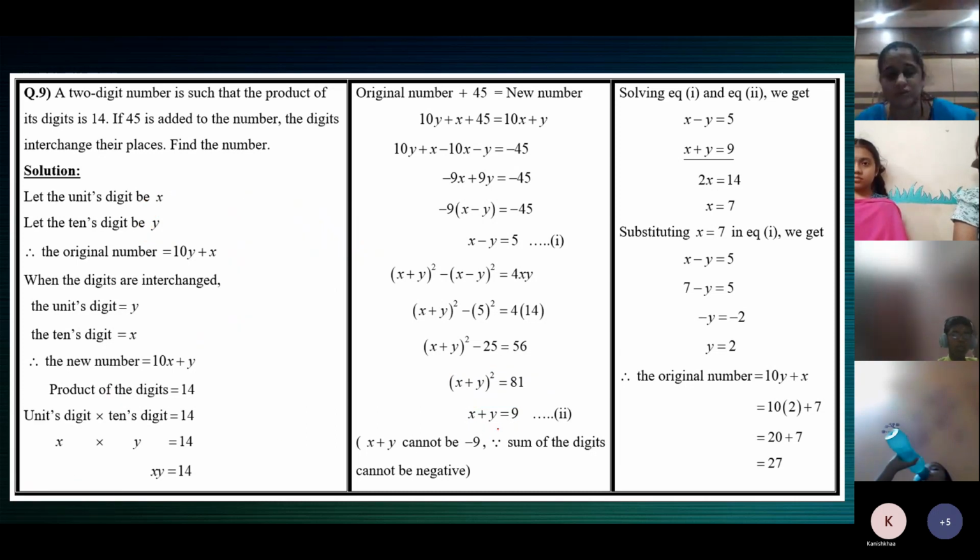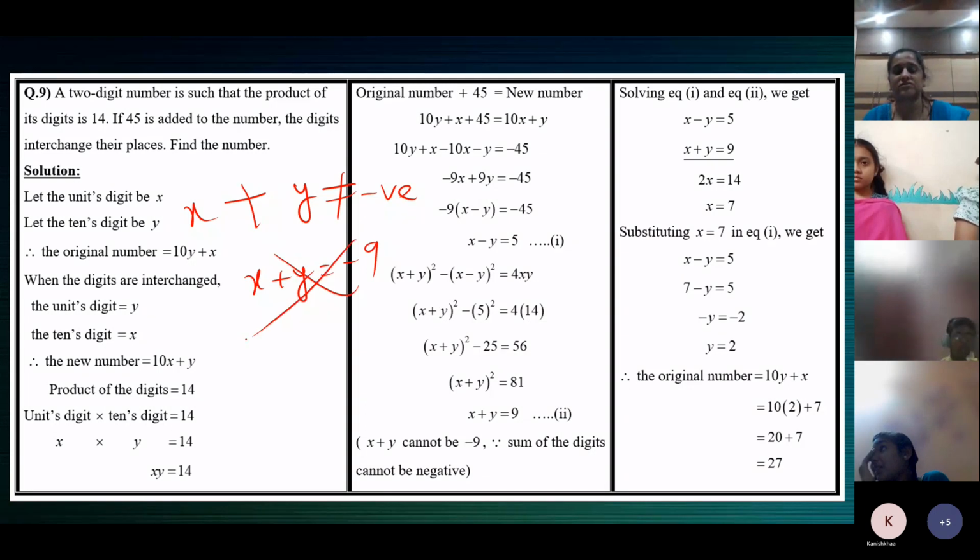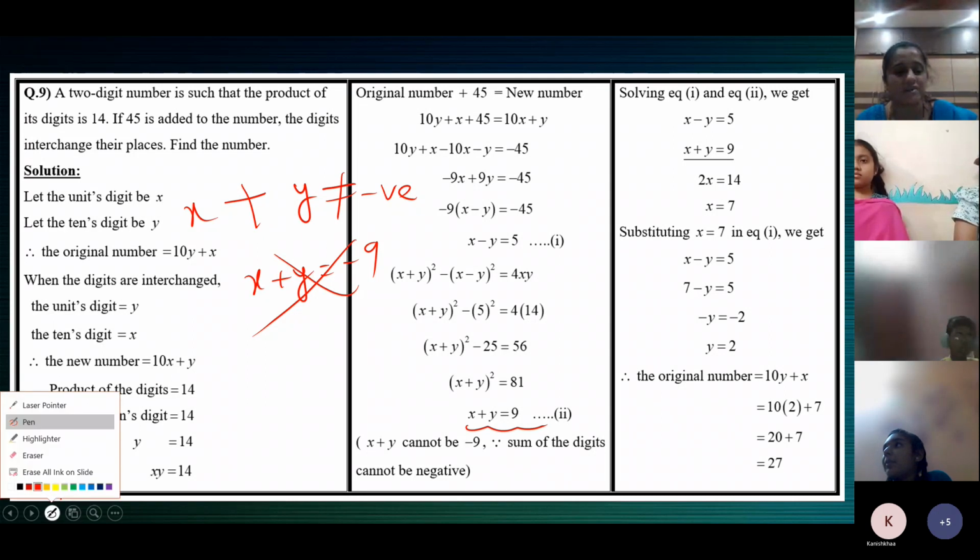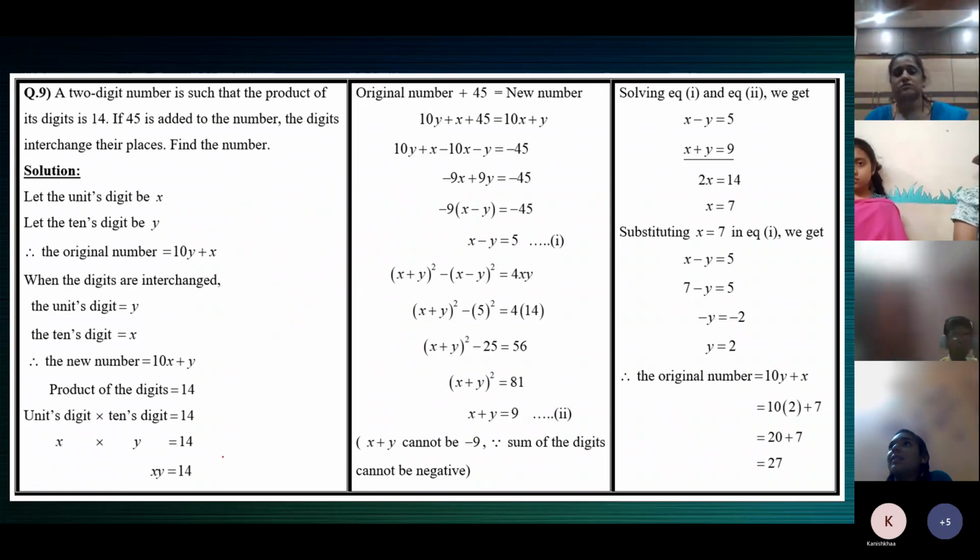We ignore the negative value. So you'll get only two equations, 1 and 2. Solve and find the number. Take a screenshot, children.